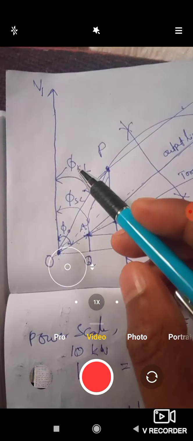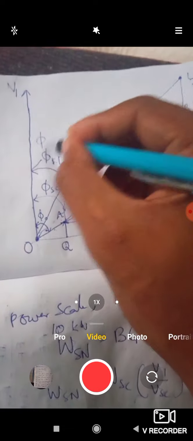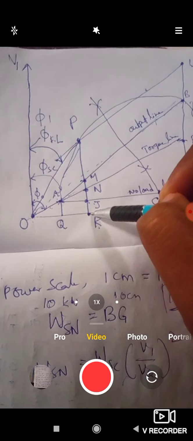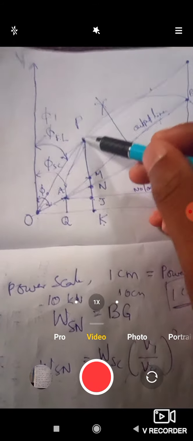Phi 1 or phi FL, both are the same. So cos phi 1 is the opposite side PK by hypotenuse OP.